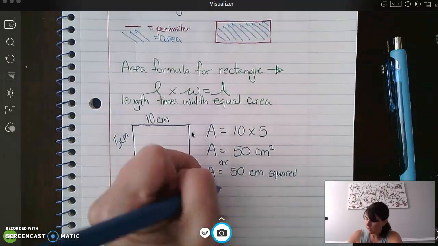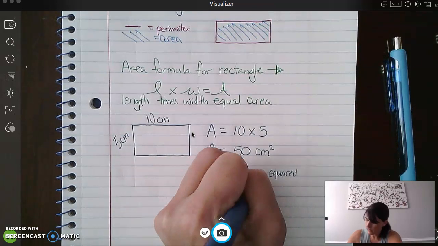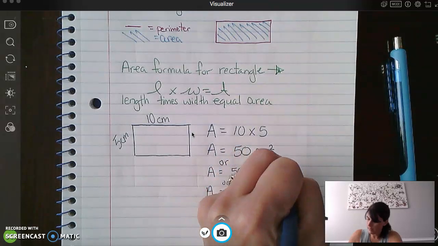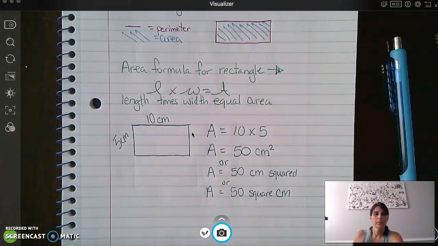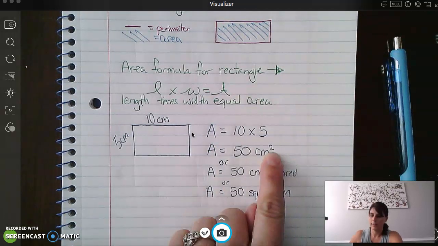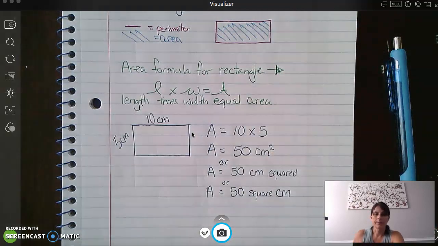Or I could write area equals 50 square centimeters. Okay, this is the way you will most often see it. That is what we call an exponent. We'll learn about that soon.